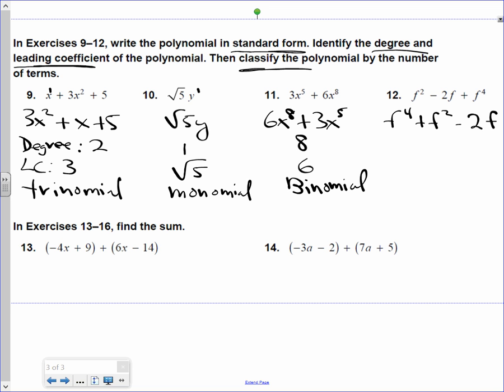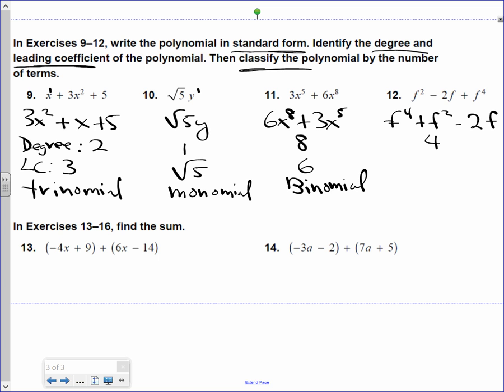Ramirez, what's the degree of that puppy, number 12? 4. Highest exponent's the degree. Right? So the degree is always the highest exponent. So this would be a polynomial degree 4.